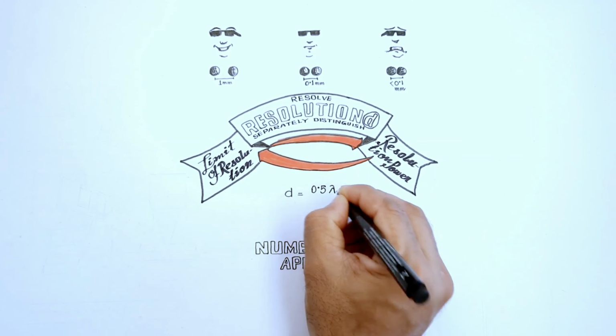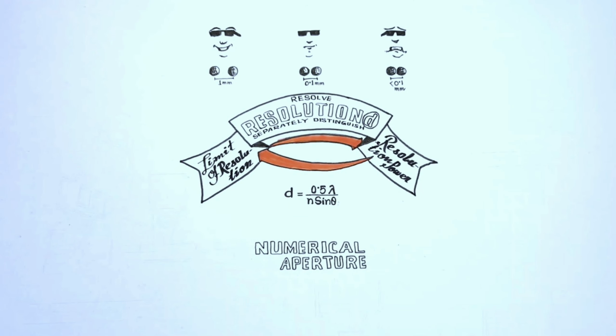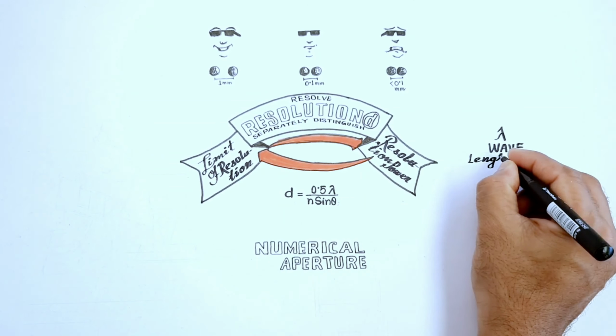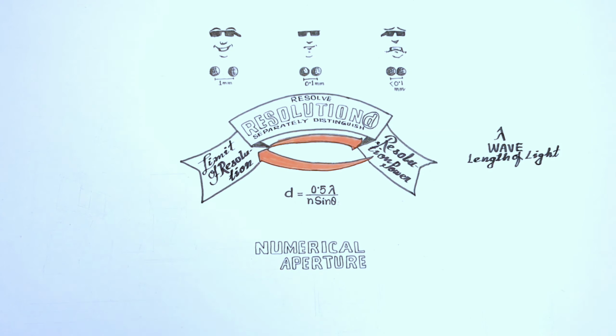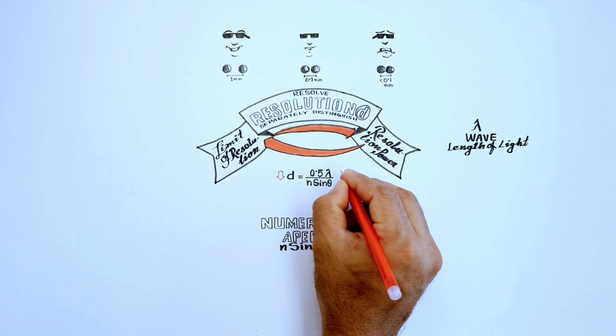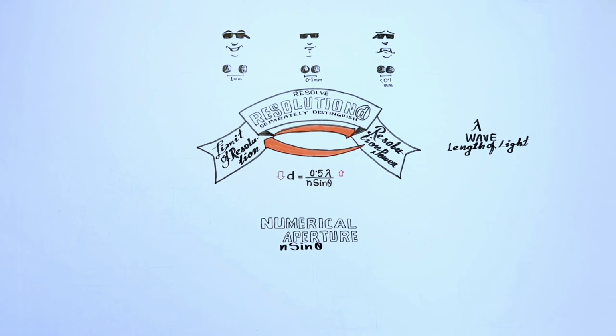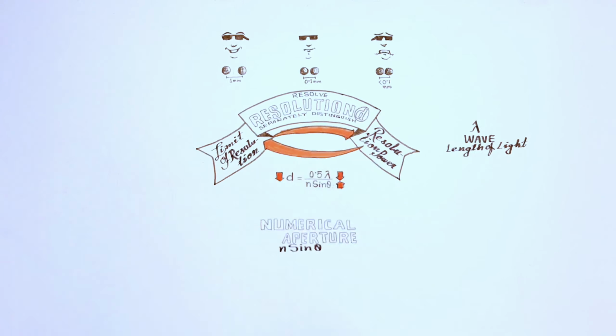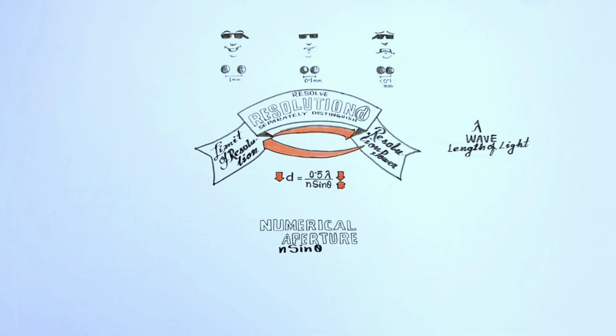The equation we use to calculate it is d equals 0.5 lambda upon n sin theta, where d is the minimum distance between 2 points of a specimen, or the limit of resolution, and lambda is the wavelength of light we use to illuminate the specimen, and by n sin theta we refer to the numerical aperture number of the objective lens.